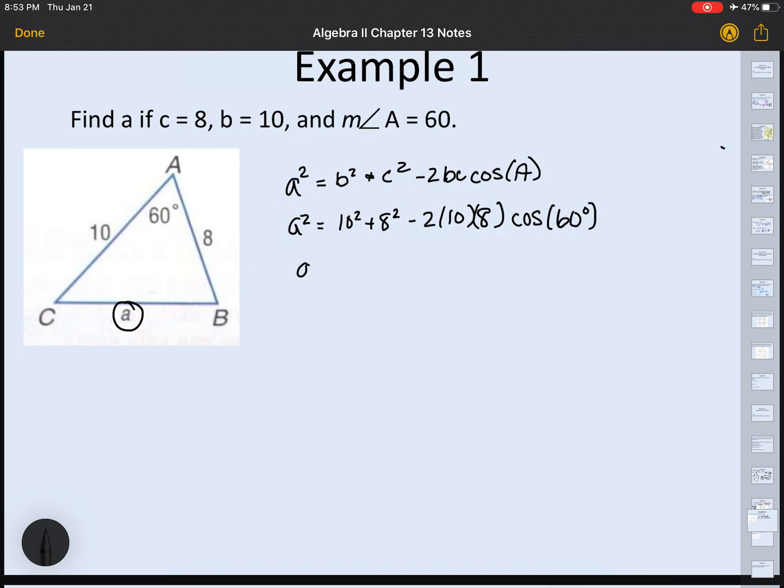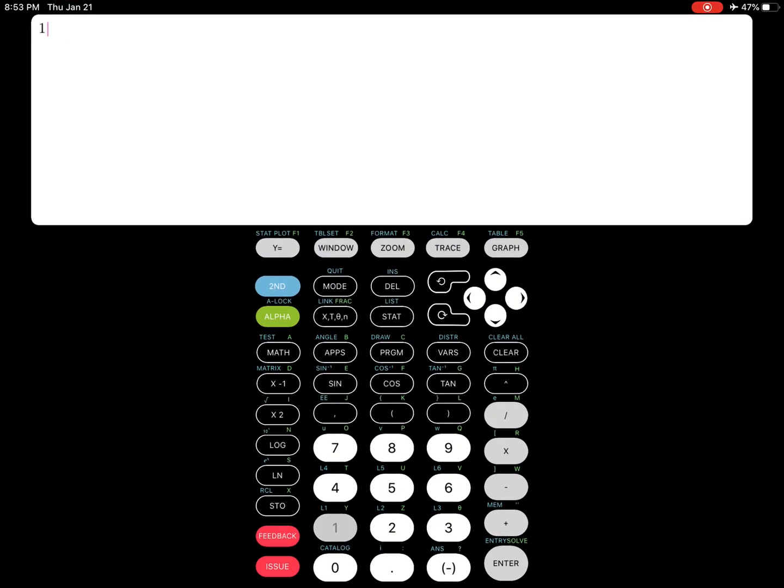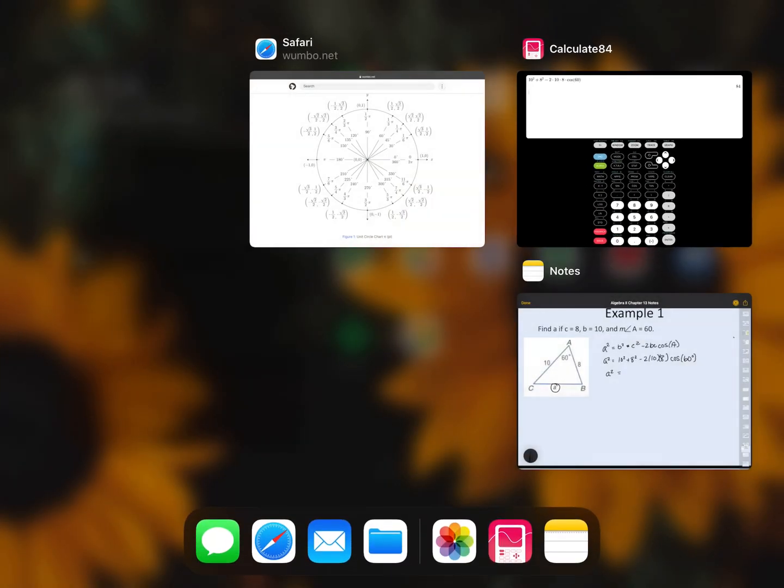So we've got a squared, and we're going to type that into the calculator: 10 squared plus 8 squared minus 2 times 10 times 8 times the cosine of 60 degrees. And that does give us 84.